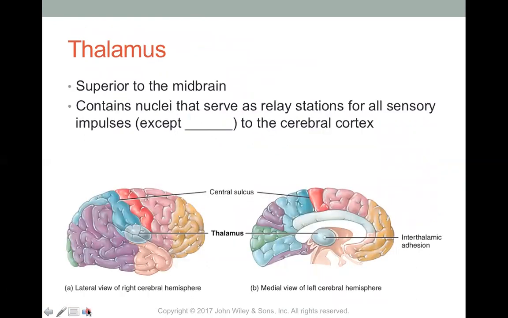The thalamus is located superior to your midbrain, and it contains nuclei that serve as relay stations for all sensory impulses except smell. These relay stations will then go to the cerebral cortex.